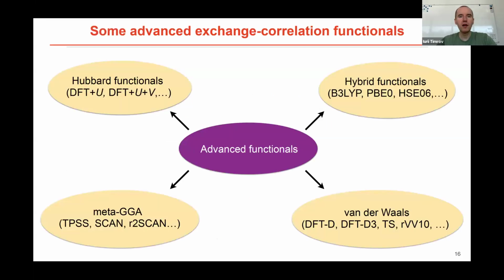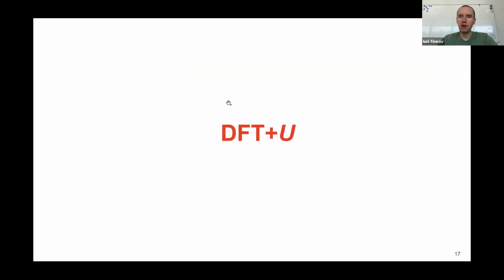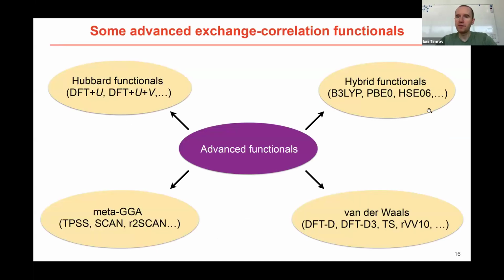So there are more advanced functionals to tackle some of these problems. There are many advanced functionals, but I would like to highlight the four most popular families. The first one is the Hubbard functionals, such as DFT+U and DFT+U+V. We'll talk a lot about this today. There are also hybrid functionals, such as B3LYP, PBE0, HSE06, and so on.